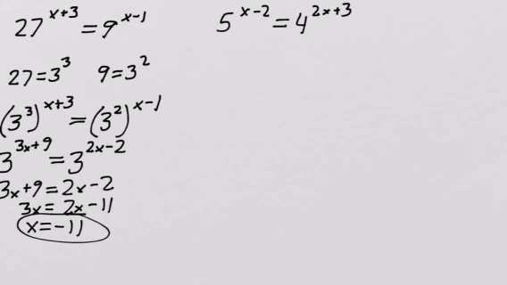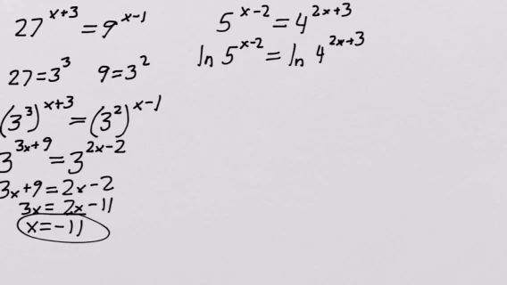So this is actually one of those cases that I'm going to go ahead and follow a method similar to what the book does. I'm going to choose a log to take at both sides. I'll go ahead and make it ln. So ln of 5 to the x minus 2 is equal to ln of 4 to the 2x plus 3.